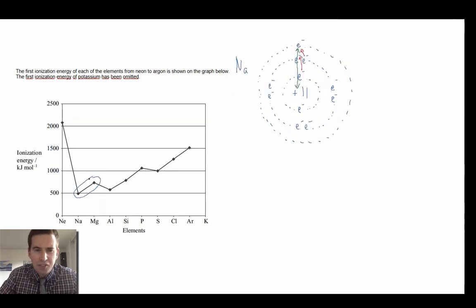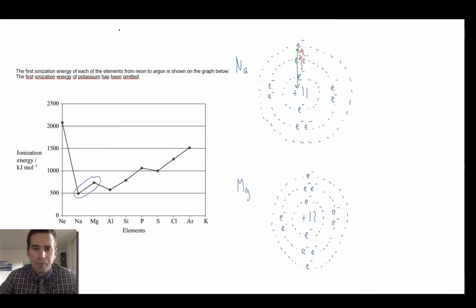Okay, for this next stage, you can see there is a small increase between sodium and magnesium. Now, why is that the case? So with magnesium, the outer electron is still in the third shell, and we still have repulsion from 2 full shells worth of electrons. There are still 10 shielding electrons.